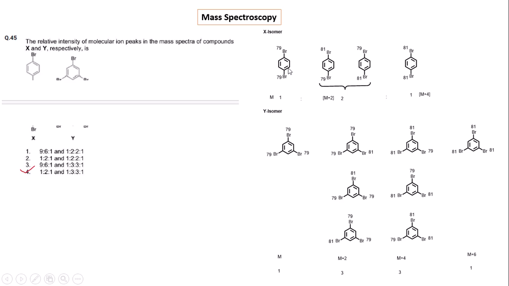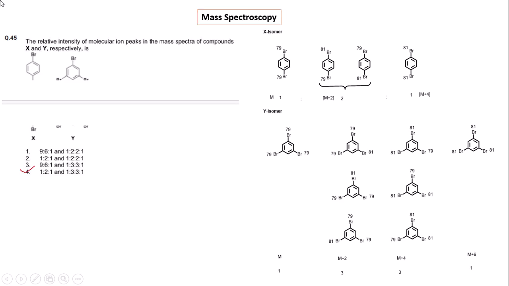the two bromine system. So the equation becomes (A plus B) whole square, meaning A square plus 2AB plus B square. Since the natural abundance of the two bromine isotopes is the same, that is 1:1, A equals 1 and B equals 1. So according to this equation, we see that this becomes 1:2:1.